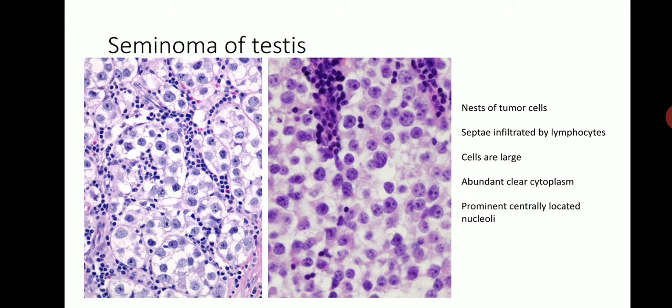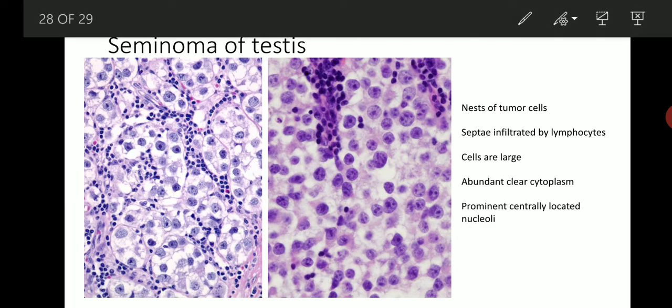Another important slide pertaining to the male genital system is the seminoma of testis. It is a germ cell tumor of the testis. Here I will only discuss the salient microscopic features which will help you to identify that this is seminoma. The tumor is composed of nests of cells, as you can see here.